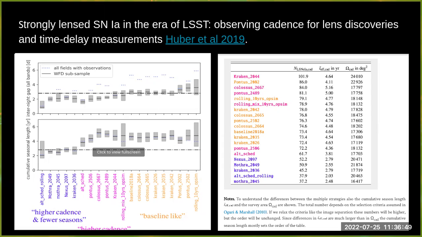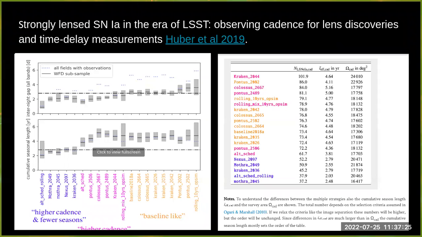The important result shown by Huber in this table is that the higher cadence, shown in pink colors here, is superior and best designed for the detection of strongly lensed supernovae, because it has the highest value for the effective time and also covers a wide area.